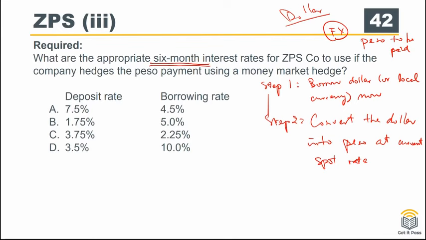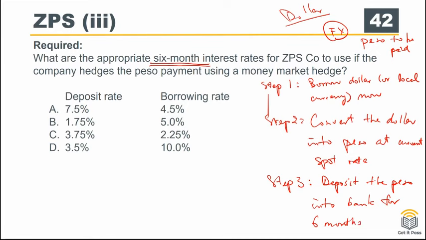In the third step, you deposit the peso you converted from the dollar in a bank for 6 months' time. So you have the peso in 6 months' time to repay your liabilities in peso.